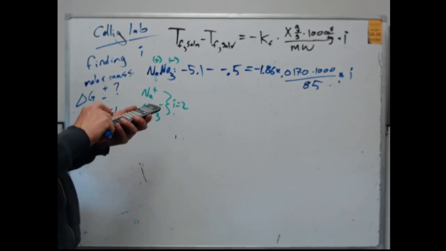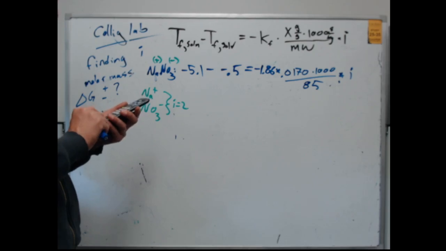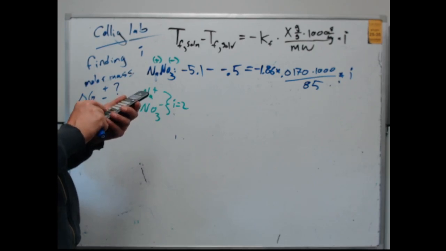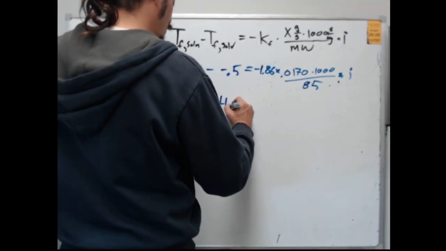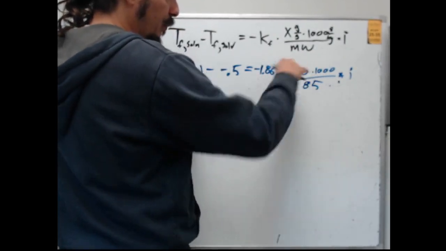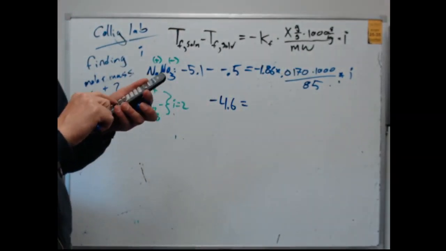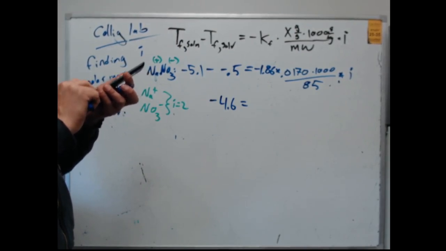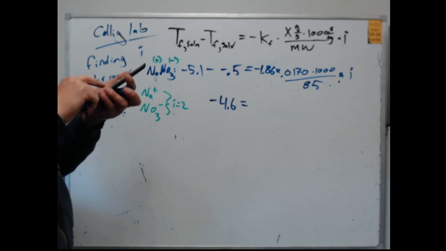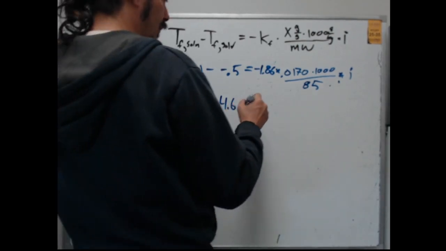We can go ahead and crunch some of these numbers. 5.1 negative plus 0.5 is going to get us negative 4.6, equal to, I'm going to multiply all these together. 0.017 times 1,000. I'm not going to do it all together yet. Hang on a second. Divided by 85. Oh, weird.